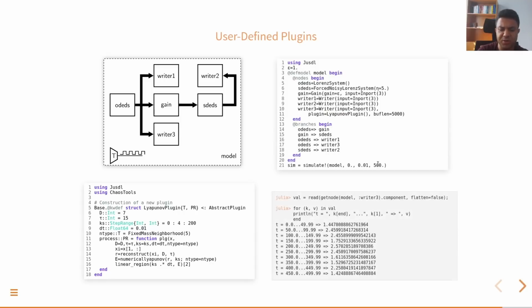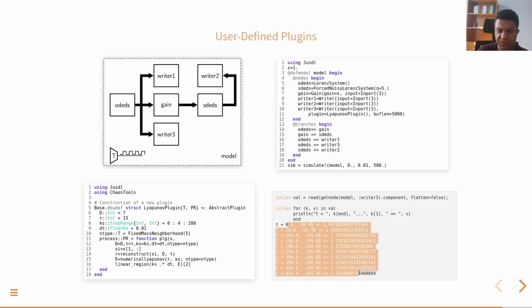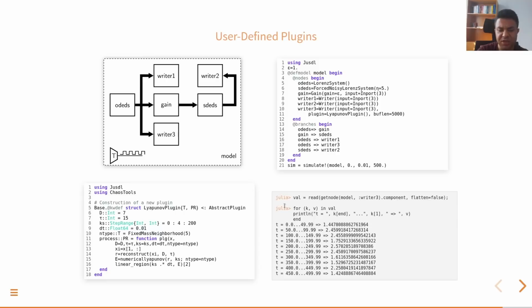Then we simulate the model and read data back from the component. From this result, we can see that it's not the time series that is written to the file of component writer 3. It's the Lyapunov exponents that are written to the file of component writer 3.